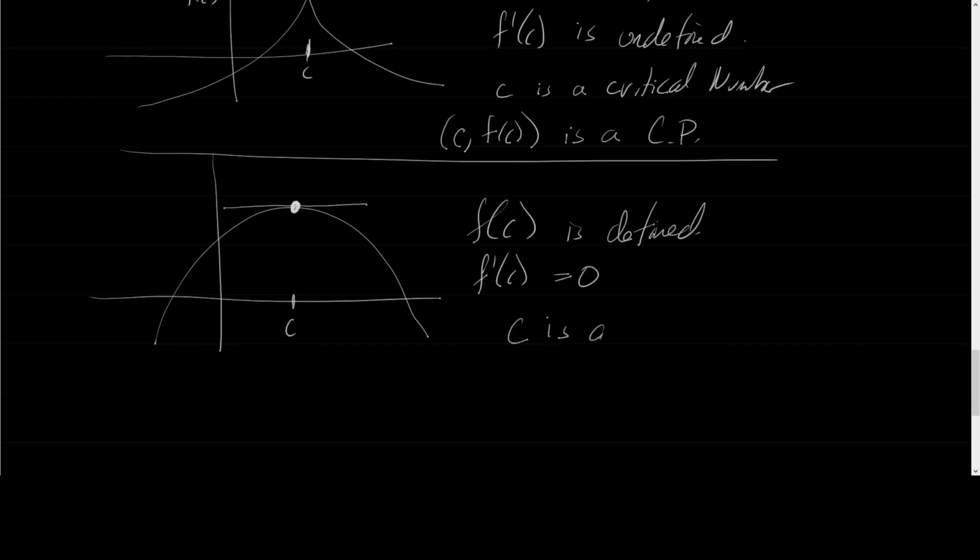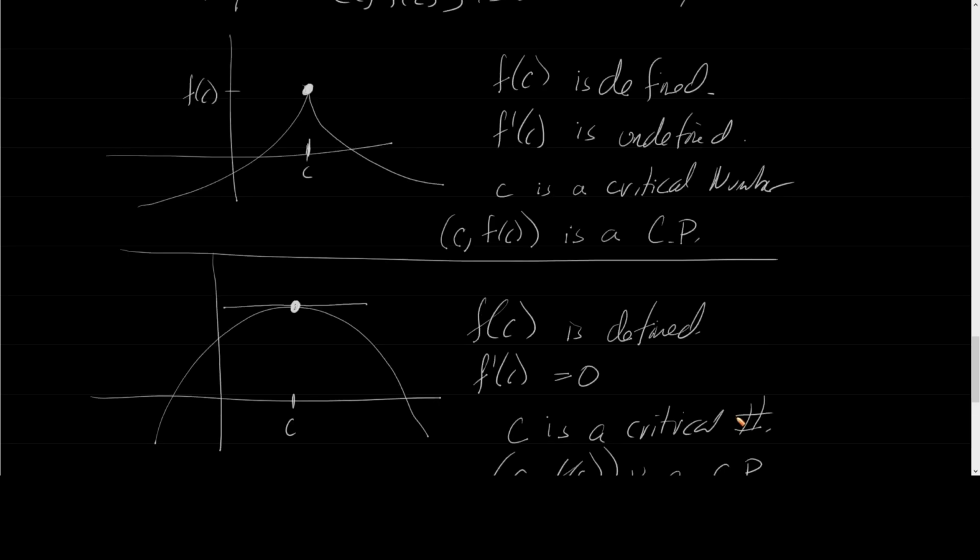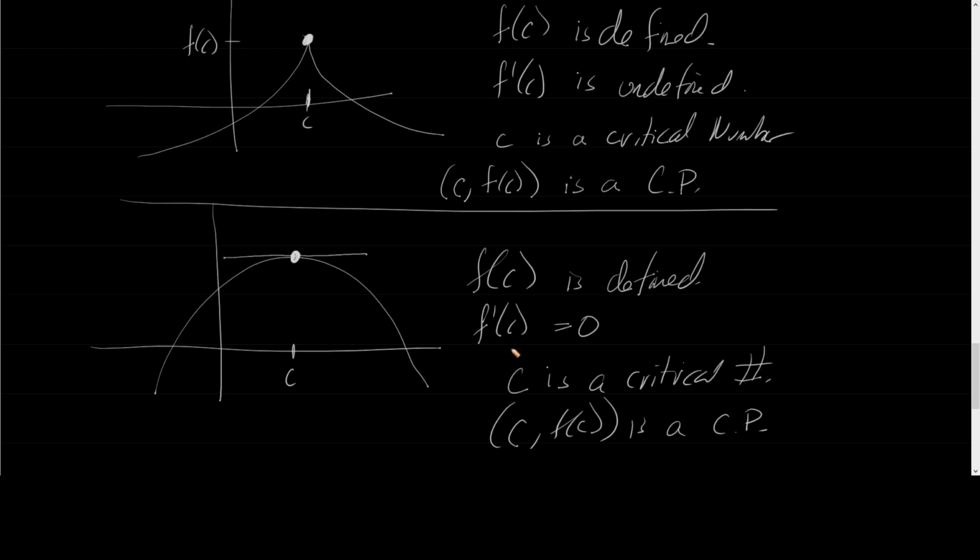C is a critical number, and the point C comma f of C is a critical point. So these are the two kinds of ways that we're going to be looking at critical points, the second case being far more common through our studies.